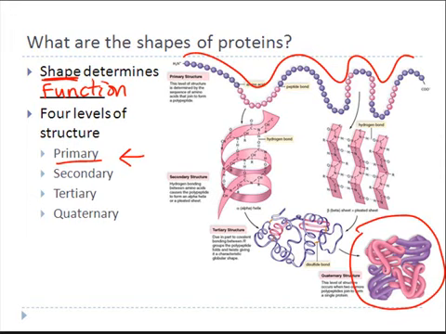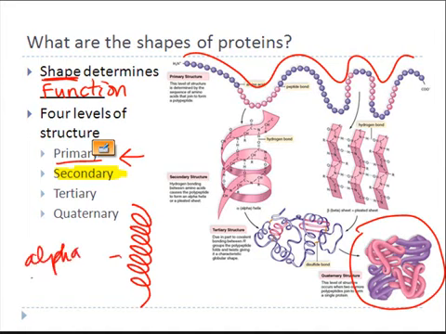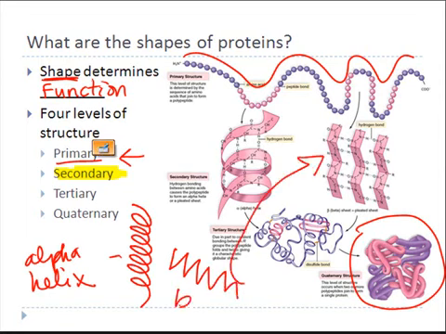Okay, the secondary structure of the amino acid is determined by either the fact that the long string of amino acids forms a coiling helix called an alpha helix, or they can fold together in kind of a zigzaggy format like you see up here in this picture, and that's called a beta pleat.